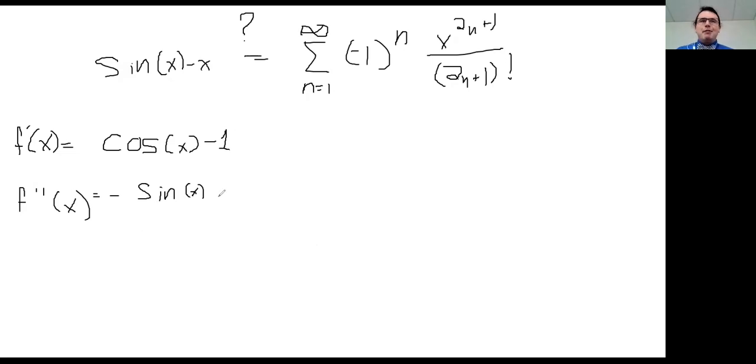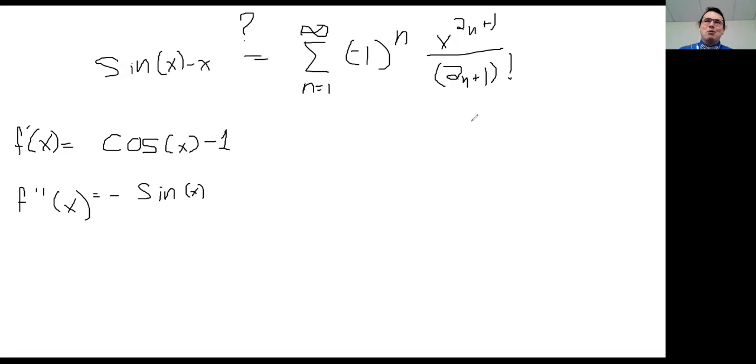And for the third derivative, the fourth derivative, the fifth derivative, and so on, I'll have exactly the same formula that I would have seen for the unchanged sine function. So this Maclaurin series is going to completely agree with the Maclaurin series for the regular sine function, just that its linear term has a coefficient of 0 rather than a coefficient of +1.